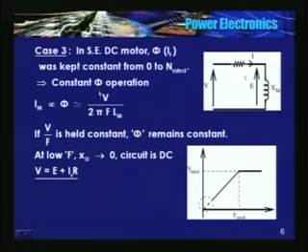So if I keep V by F constant, the flux will remain constant. Okay, flux will remain constant. Of course, you may say that increase V above the rated. It is not a good engineering practice. The maximum voltage that I can apply to the machine is its rated.